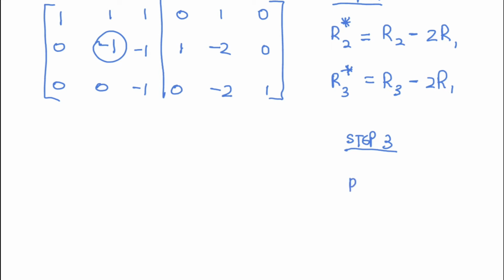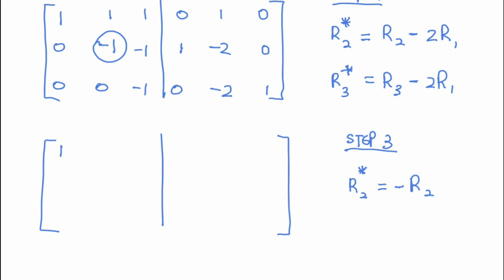So the formula, row 2, the new one, is negative the original one. Understand? Since you didn't change anything in row 1 and row 3, you just copy back everything first. Okay, now the new row 2 will be 0, 1, 1, negative 1, 2, 0.